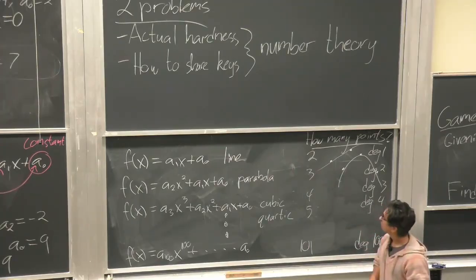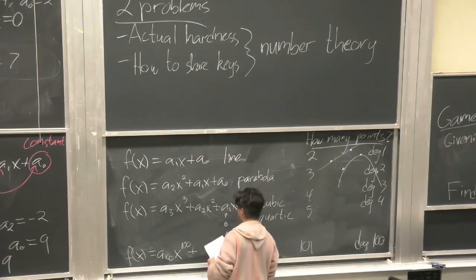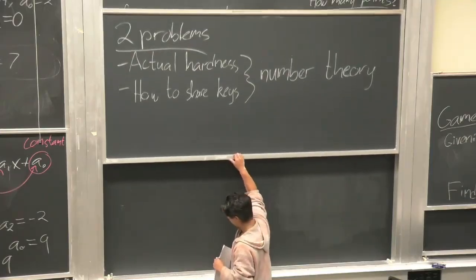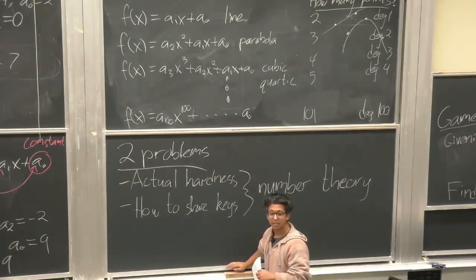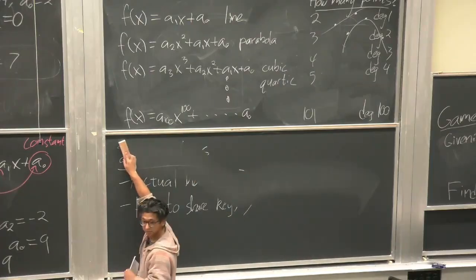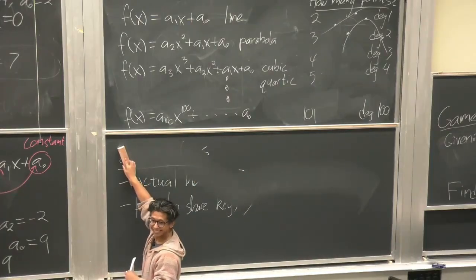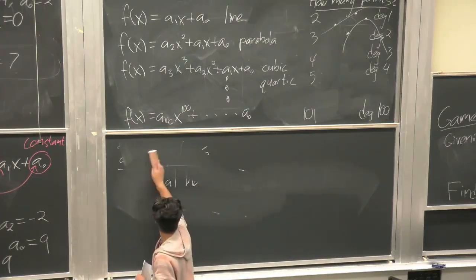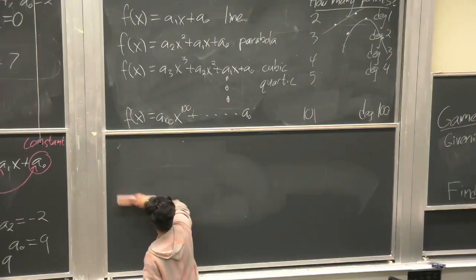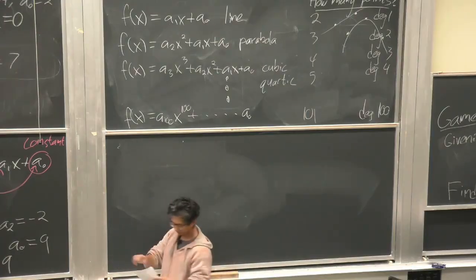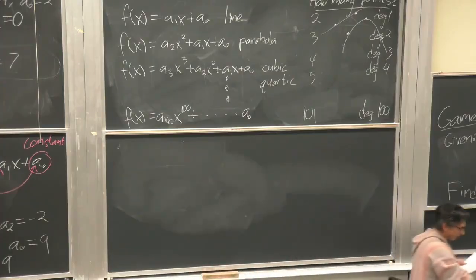So just by guessing, we can make a conjecture out of this. All right. So what we have here is a conjecture.